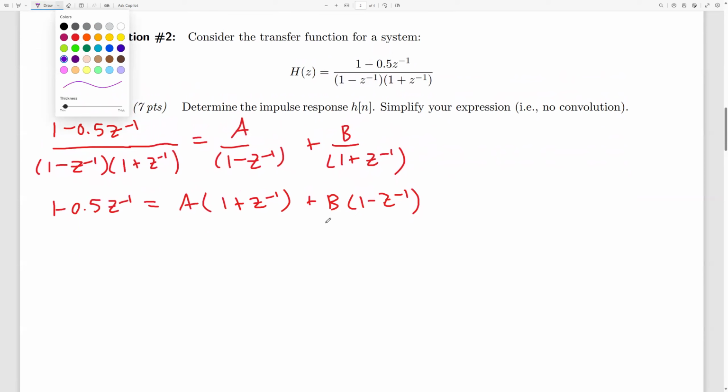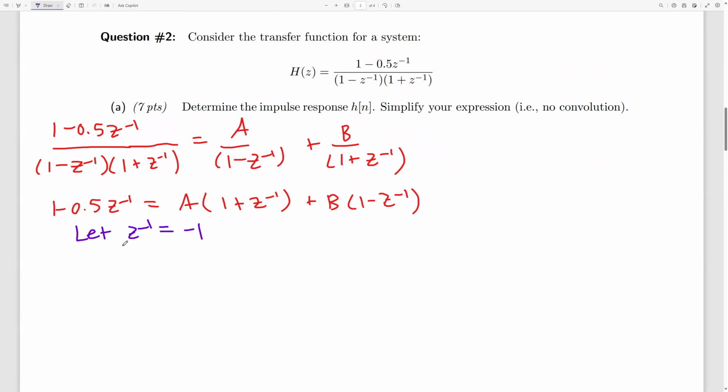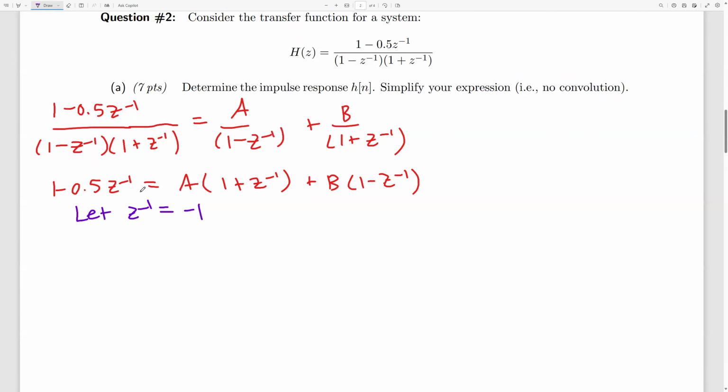So let's just say I want to cancel out this first term, A, first. Let z^-1 equal negative 1. In that case, this left-hand side is 1 plus 0.5, that'll be 3 halves, equals B times (1 - (-1)). That would be 2B.